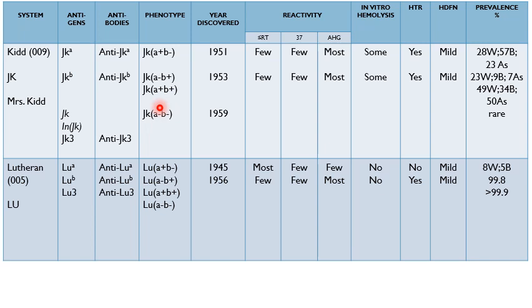JKA and JKB antigens are well developed on RBCs of neonates. They can be detected at 11 weeks and 7 weeks respectively. Kidd antigens are not denatured by papain and ficin.